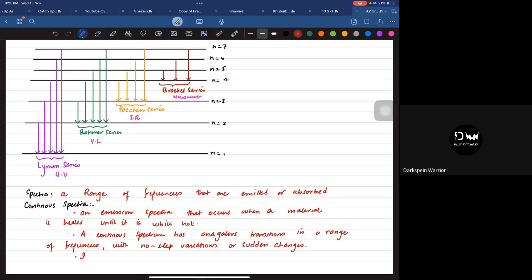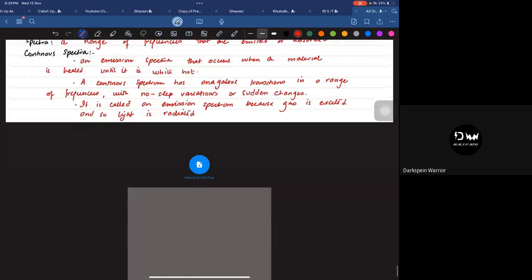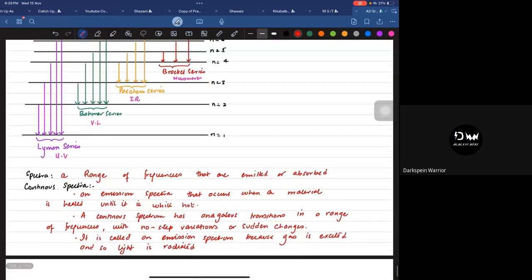Because it is called an emission spectrum because gas is excited and so light is radiated. I will show you how it looks as well. You can write this down and then we're going to go forward.